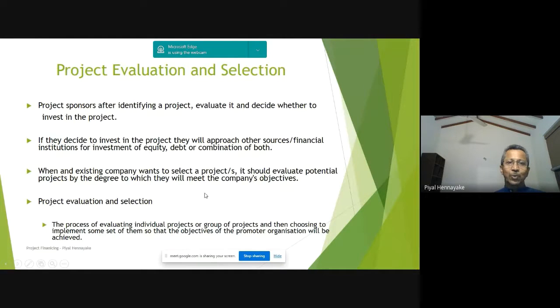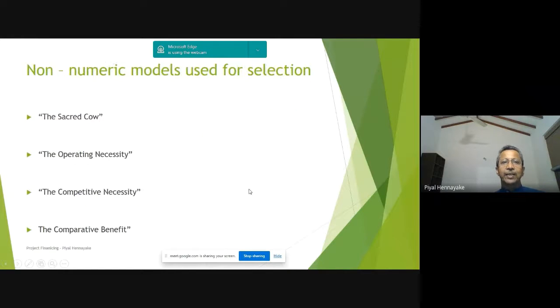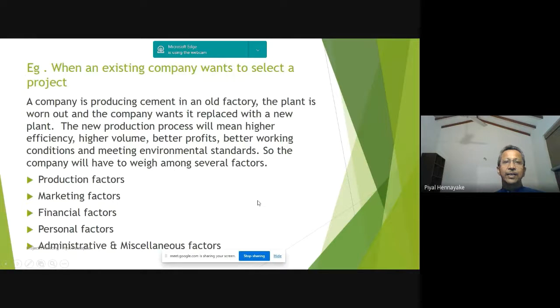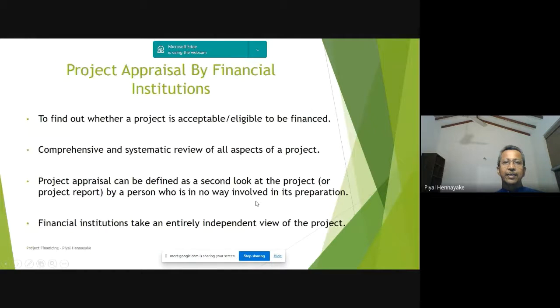Then we went through project evaluation and selection by a project sponsor. Then we went through project appraisal by financial institutions, because project appraisal by a financial institution is having a second look at the project, because the project sponsor already has analyzed and decided to go ahead.